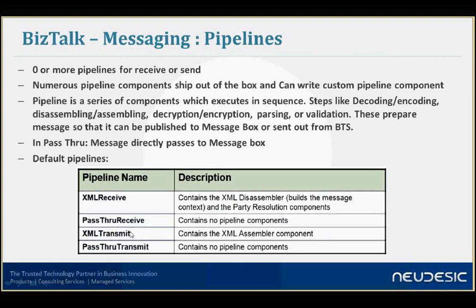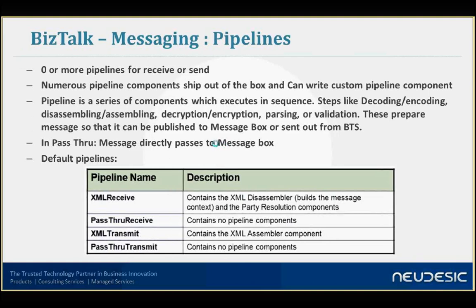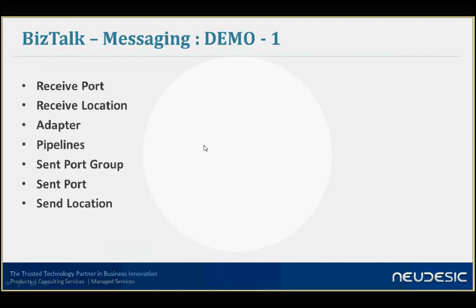And then we have pass-through transmit, which contains no pipeline components. So now, after discussing all this, we are going to see how to create a receive port and send port using adapters, pipelines, and things like that.